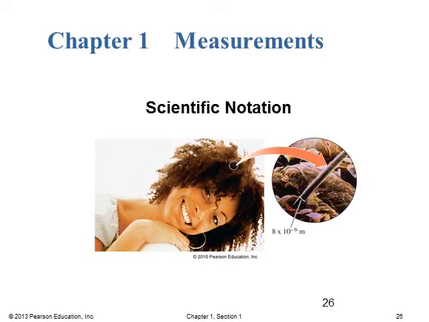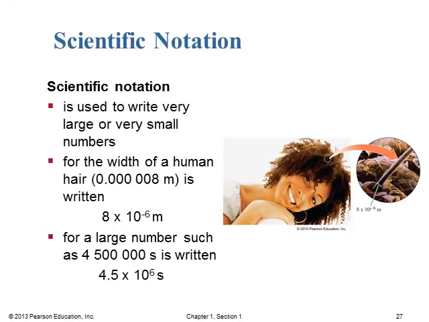So now we're going to discuss the topic of scientific notation. Scientific notation is used to simplify very large and very small numbers, to get rid of all those placeholders and long numbers, so we can simplify them into very short, concise numbers without losing any information.